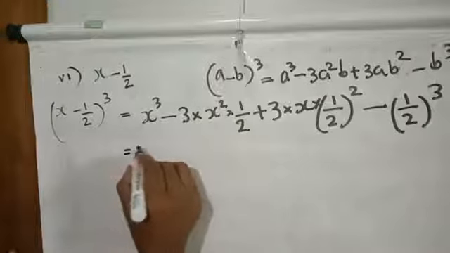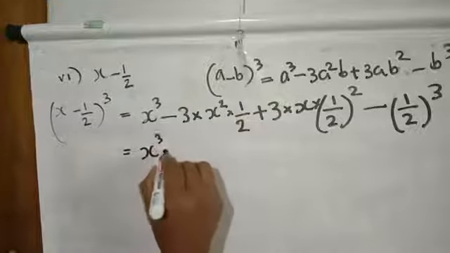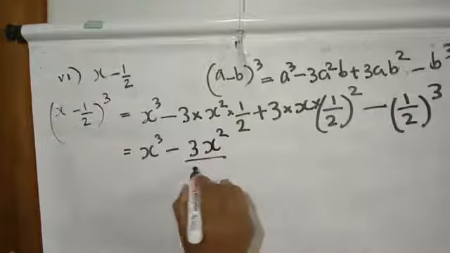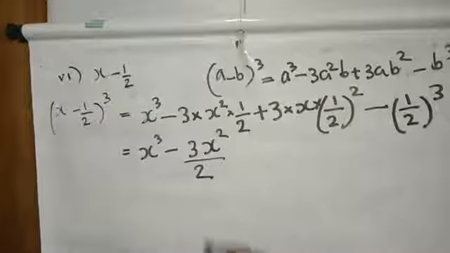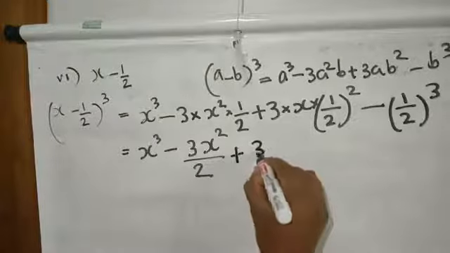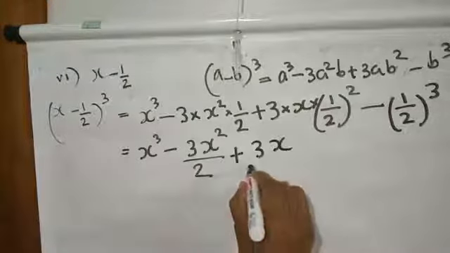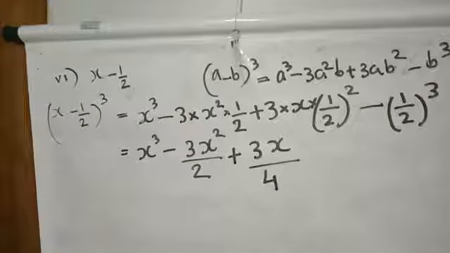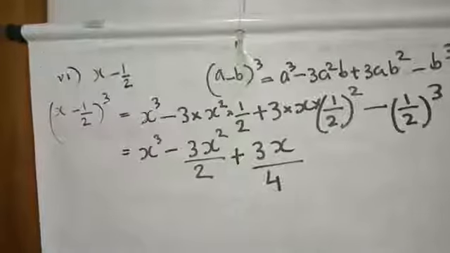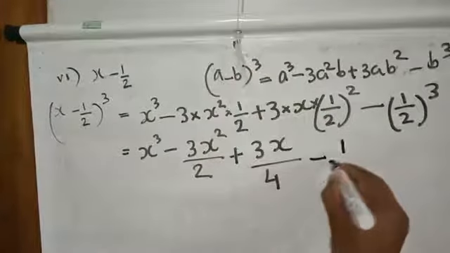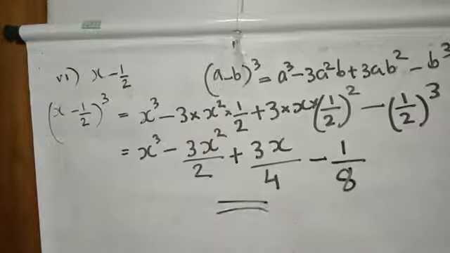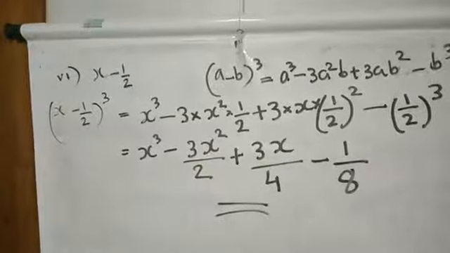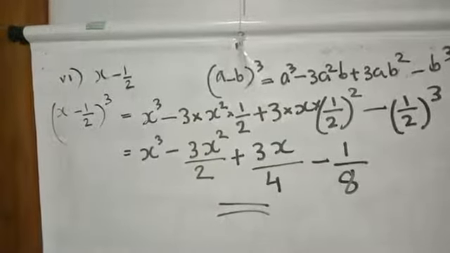So it is equal to x cube minus 3x square by 2 plus 3x, here what is 1 by 2 square? 1 by 4. That is 3 by 4, 3x into 1, 3x, minus 1 by 2 cube is 8, you know. So this is the answer. X cube minus 3 by 2 x square plus 3 by 4 x minus 1 by 8.